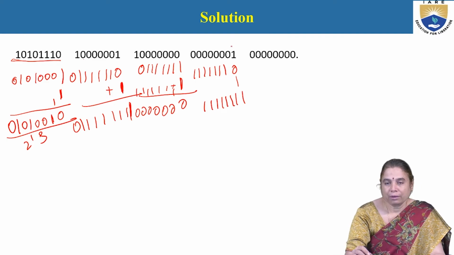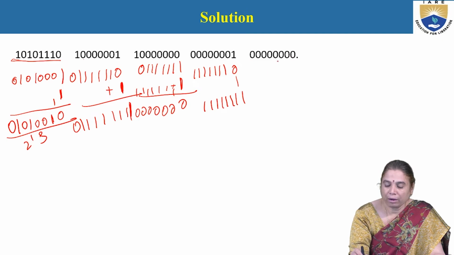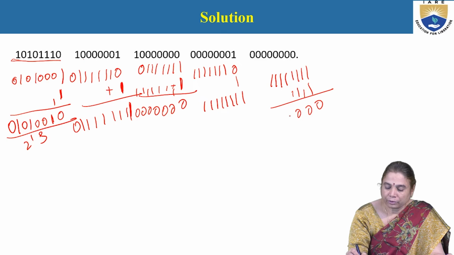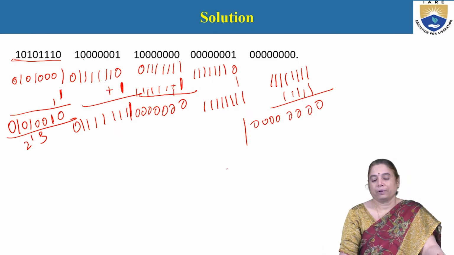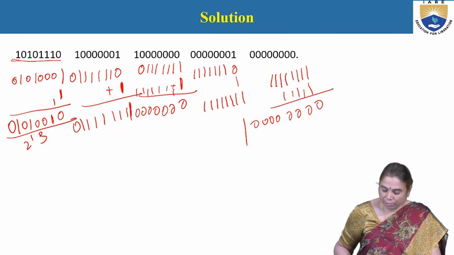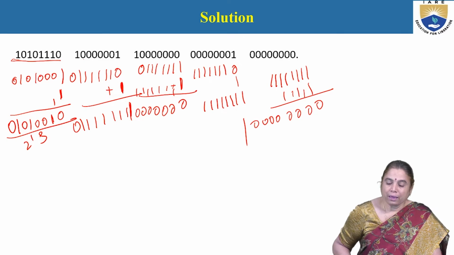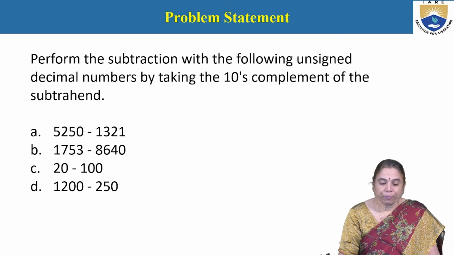So this is the next number. And for this, if you find the 1's complement, all bits are 1s. And if you add a 1 to it, you can get the 2's complement value. So all can be zeros. At last we can get the 1. So in this way, the 1's complement and 2's complement can be carried out.